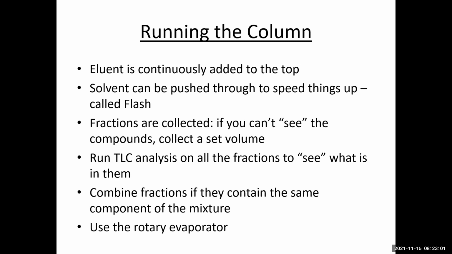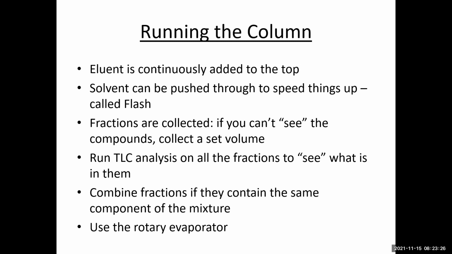It'll be much faster if you do things that way. And that process is called flash column chromatography. So if you use a gas to help the mobile phase move through the solid phase more quickly, that's called a flash process.